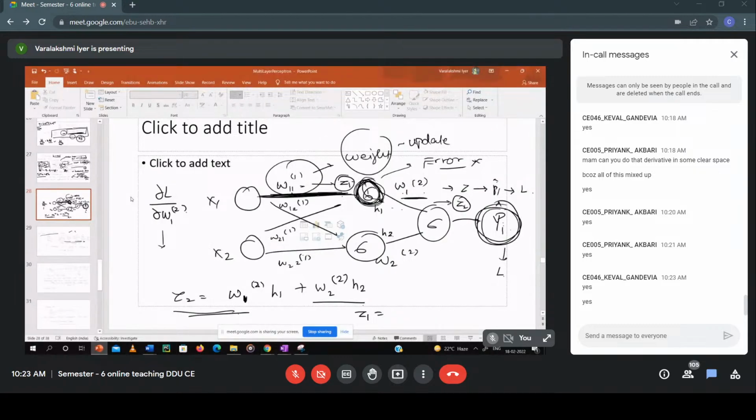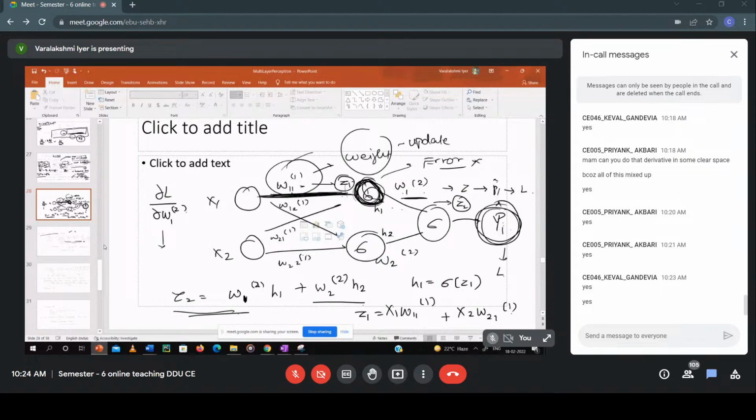Okay, this will be your Z11 value, which is X1 into W111 plus X2 into W211. Okay, I'm talking about this particular value. And your hypothesis H1 is equal to sigmoid of Z1, for this particular neuron I'm talking about right now.